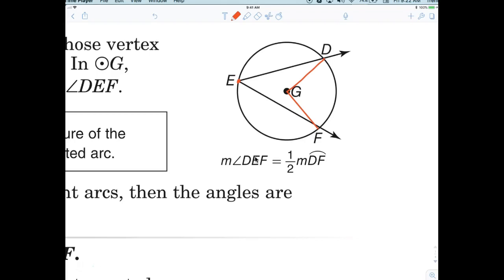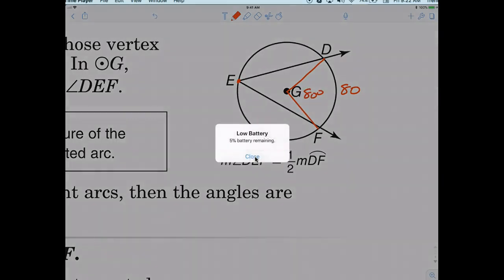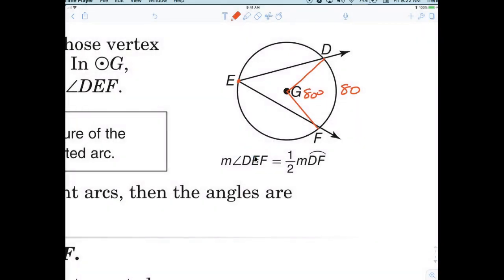It just so happens that the inscribed angle is half of the central angle. So if I said this right here was 80 degrees, the central angle is still 80 degrees, but the inscribed angle is 40 degrees. It's that simple.